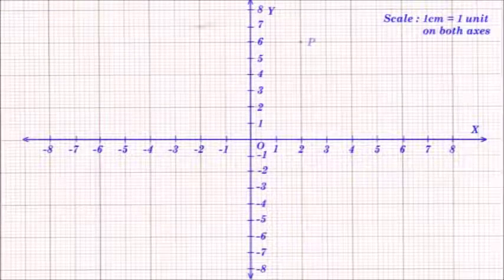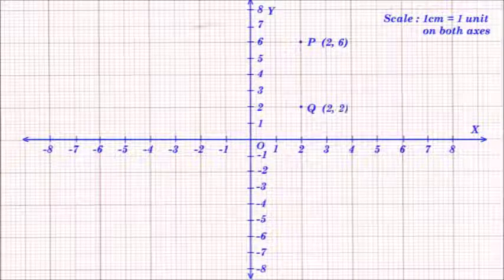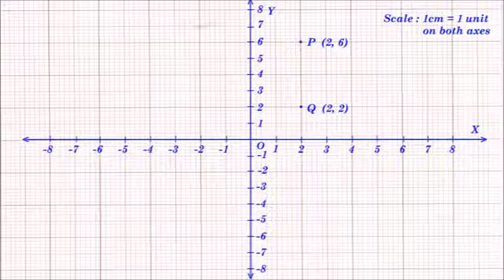Let's take the first part. P with coordinates (2, 6) is reflected to Q with coordinates (2, 2). Now we want to draw the axis of reflection. The x coordinate for both of them is the same, but the y coordinate is different.